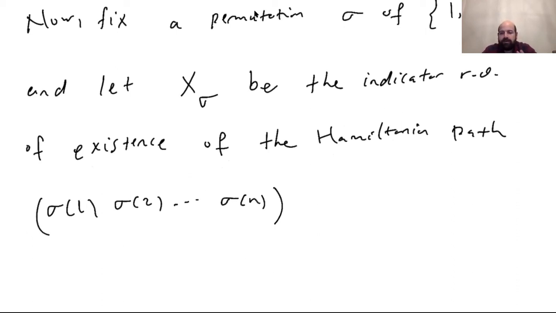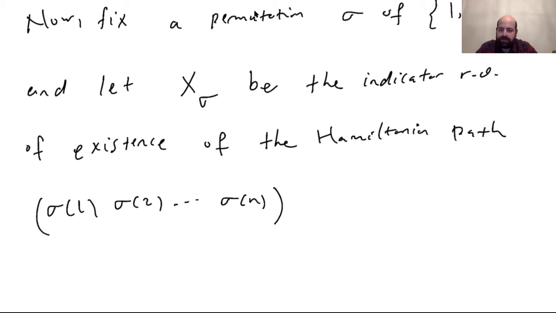So we look at this because a random variable is a function from the sample space to R. For indicator random variables, it is from the sample space to 0 and 1. So I look at an element of my sample space, which is a randomly oriented complete graph.